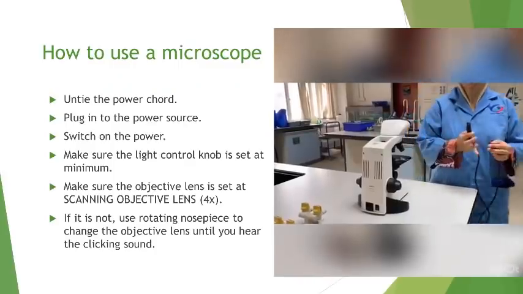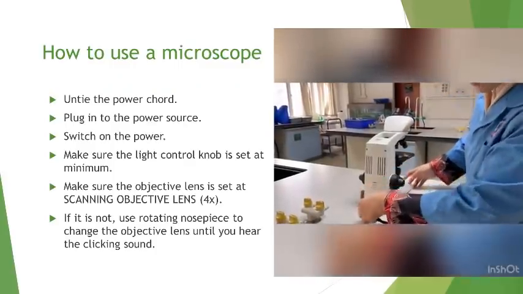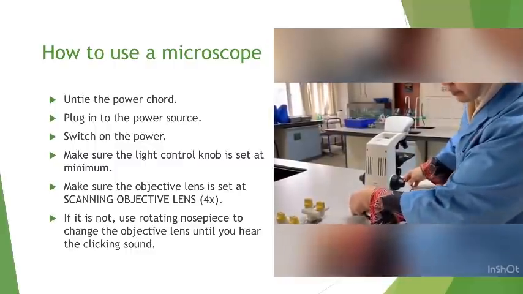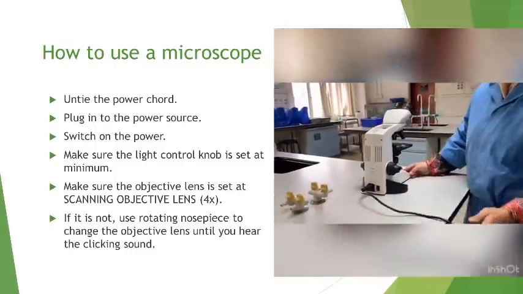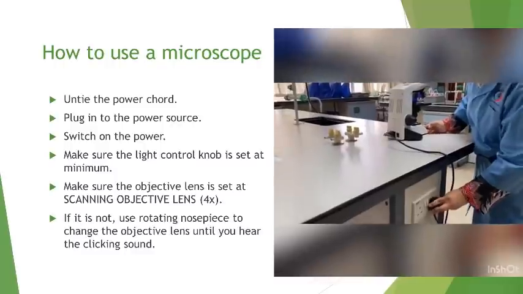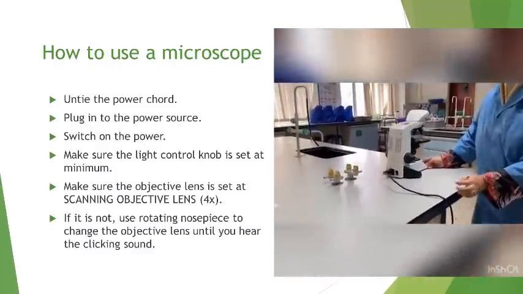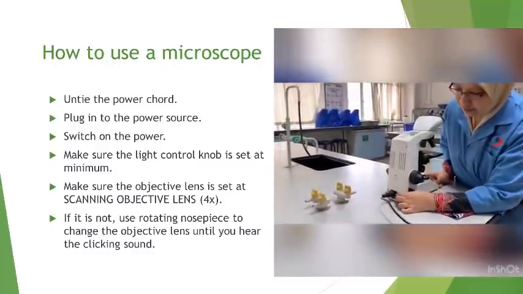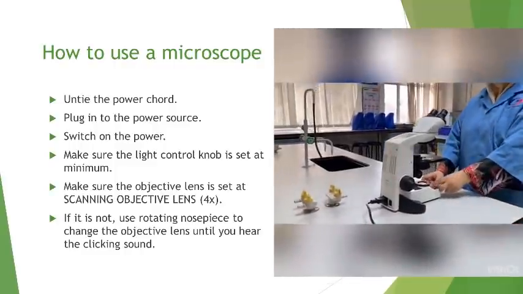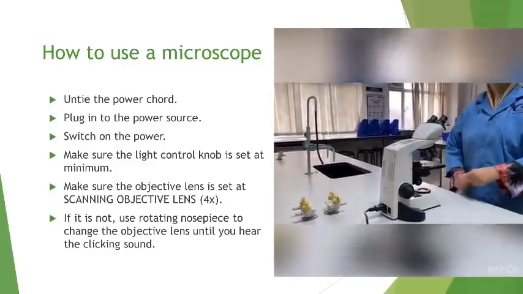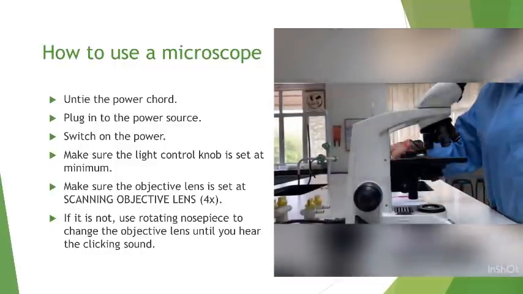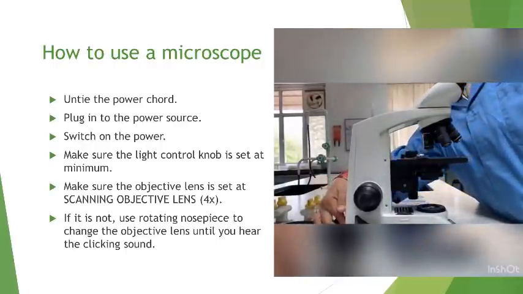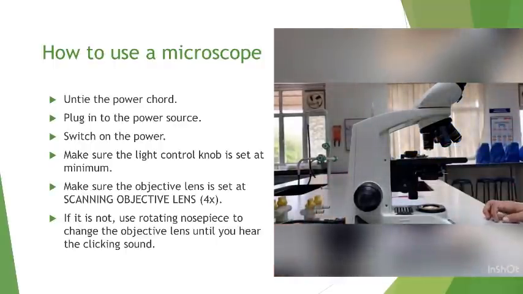To start using the microscope, connect the power cord to the microscope and plug it into the power source. Switch on the power source. Make sure the light control knob is set at minimum.